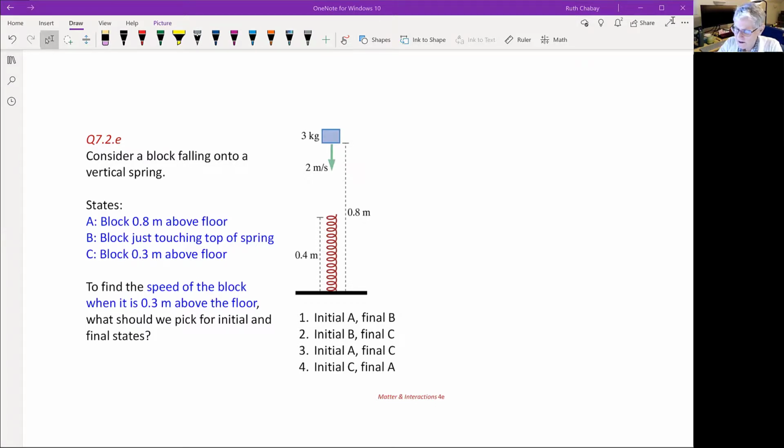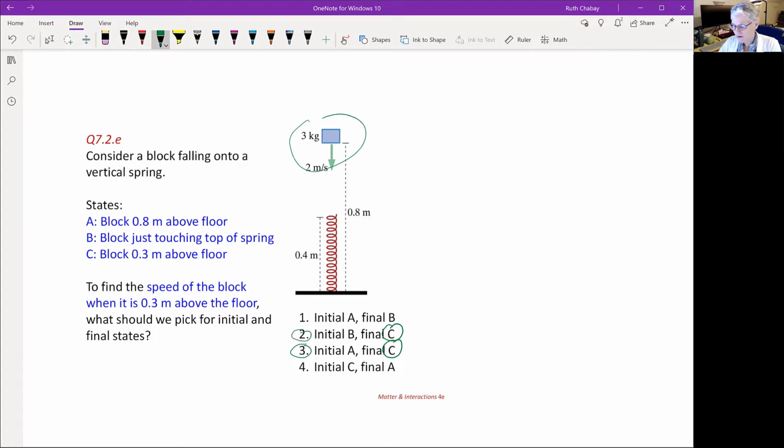So the key is that C absolutely needs to be one of our states, because this is the state we need information about, right? So we have to pick. Now we can pick A as the initial state because we have all the information we need about A.